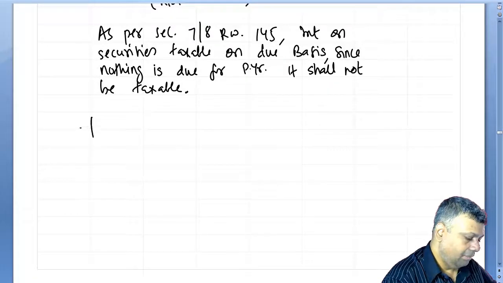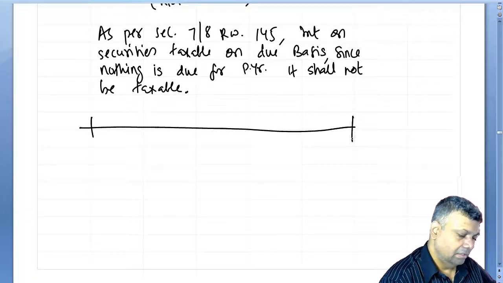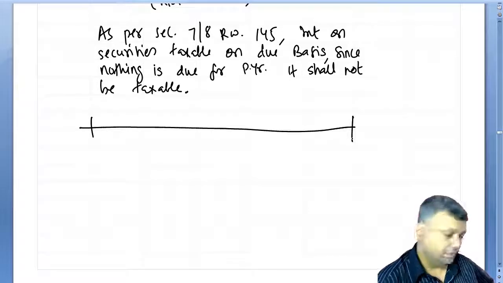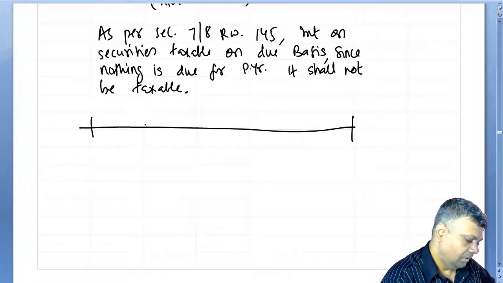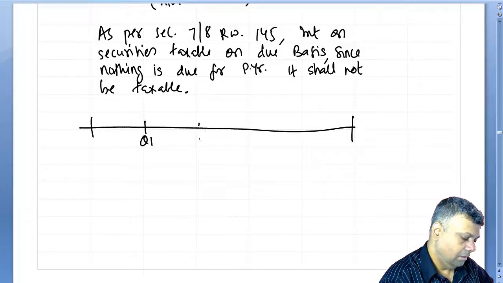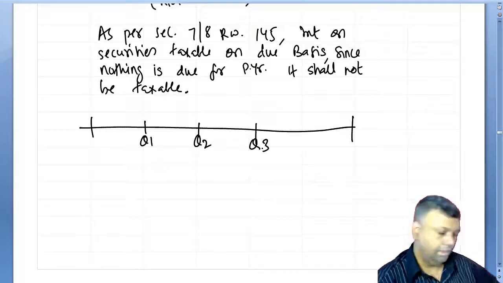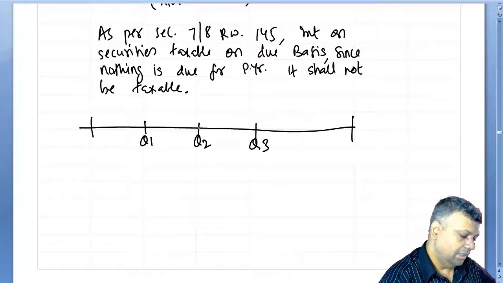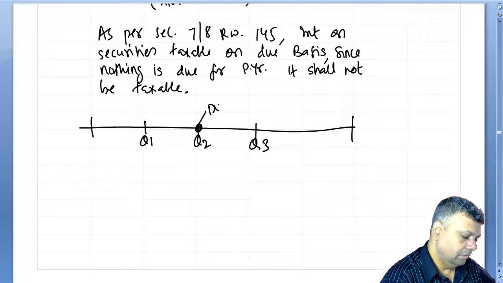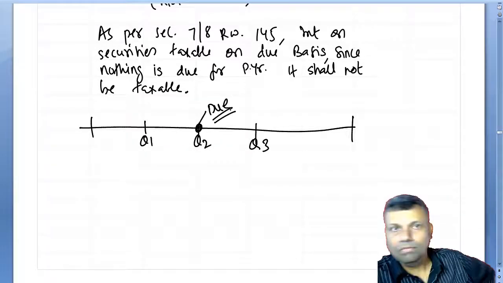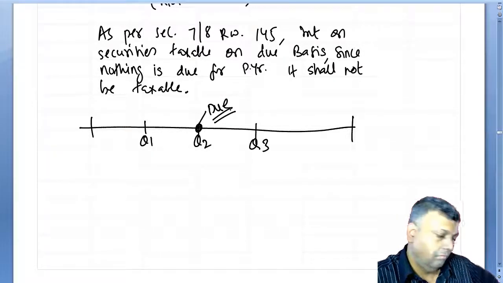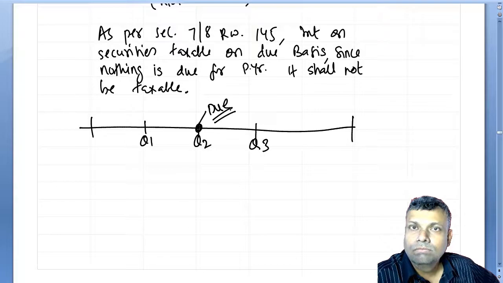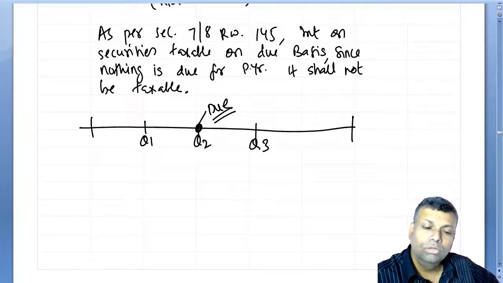Okay. Example, I will just repeat and make it official. Now I will not write all the months, I will just say quarter. So, say quarter 1, quarter 2, quarter 3 and quarter 4. Now, supposing it falls due here, April, May, June, July, August, September.